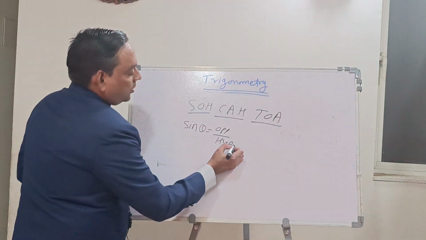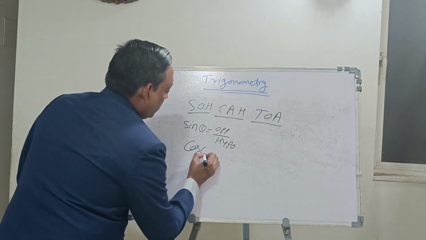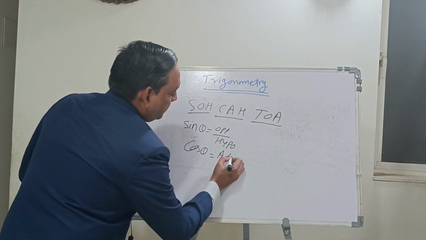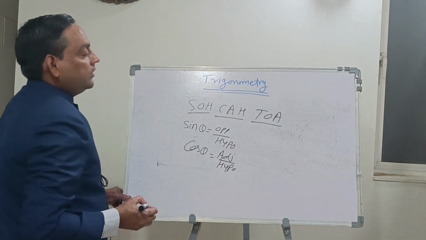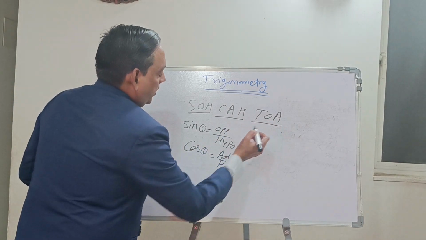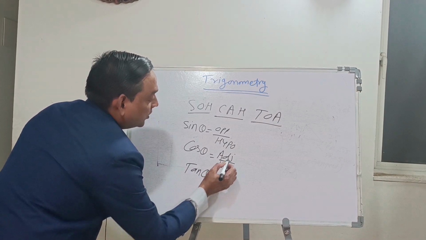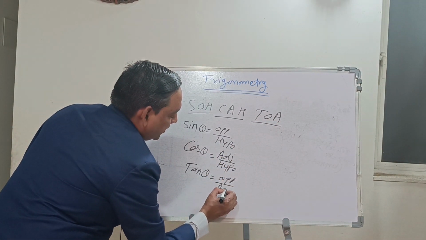CAH is cos. Cos theta is equal to adjacent upon hypotenuse. TOA is tan. Tan theta is equal to opposite over adjacent.